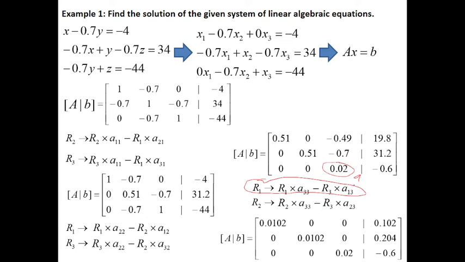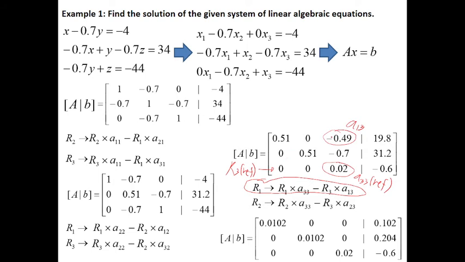Reference element, A33. Then, reference row. Our concern is to convert negative 0.49 to 0, right? So, ito yung A13. So, let's now start.